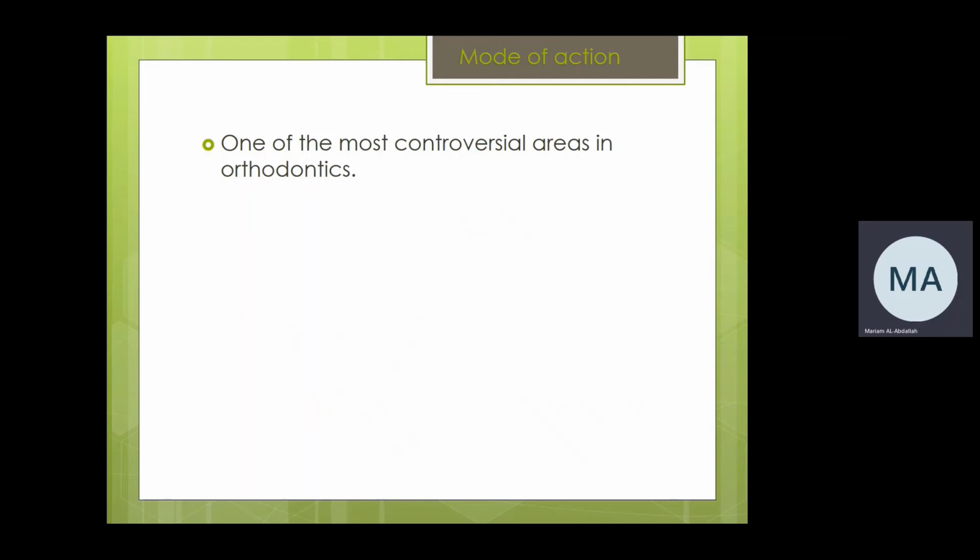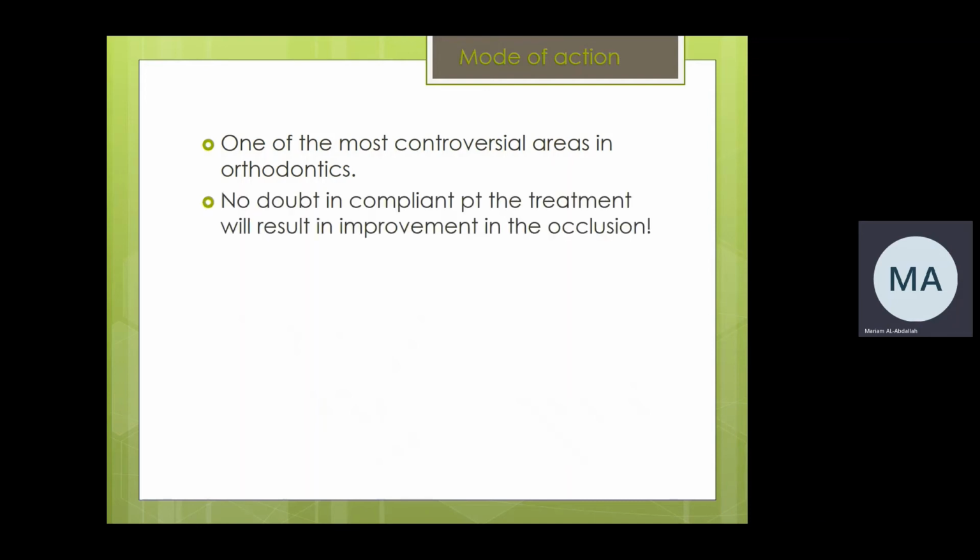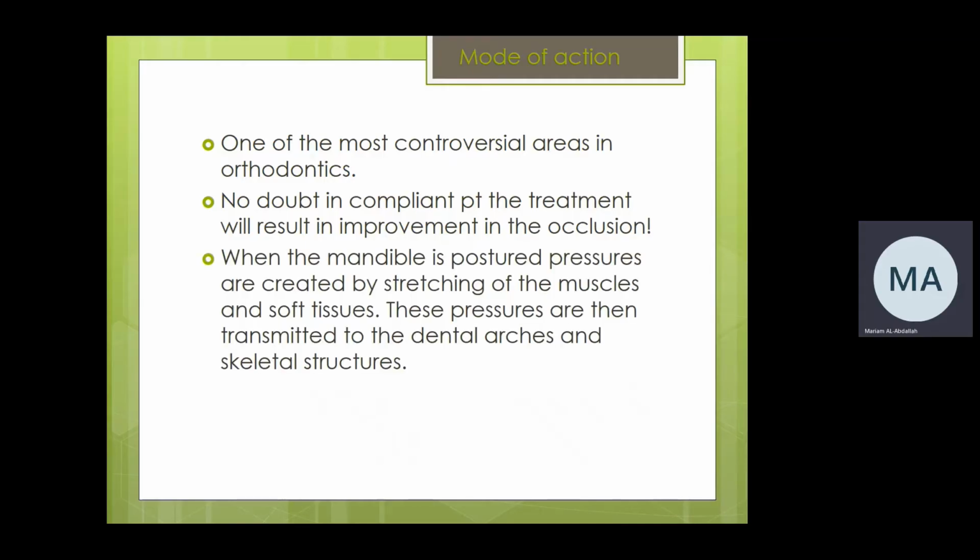And again, the mode of action is one of the most controversial areas. We're not sure what's really happening. But if the patient was correctly selected for a functional appliance and the patient was complying with it, then there is no question that there will be good correction of the malocclusion. How? We're not really sure about this.